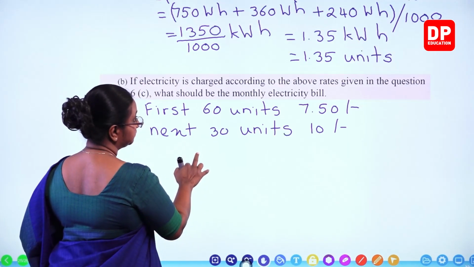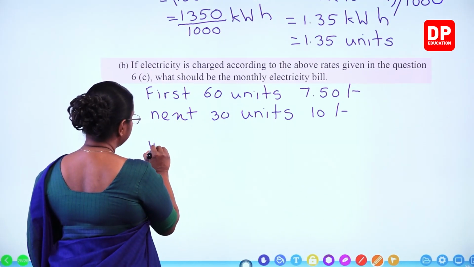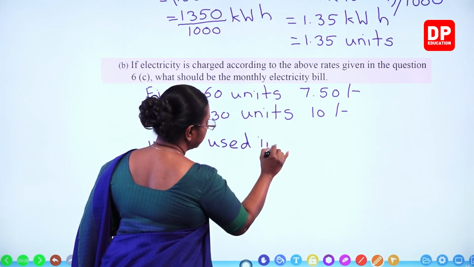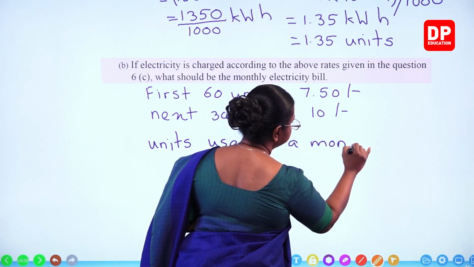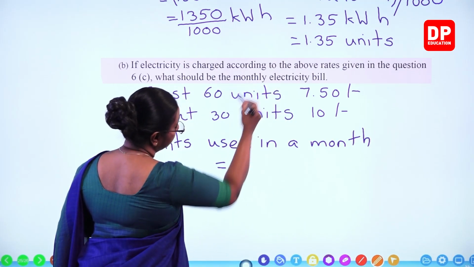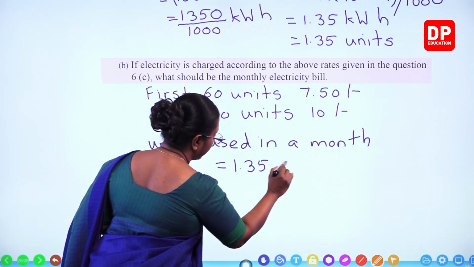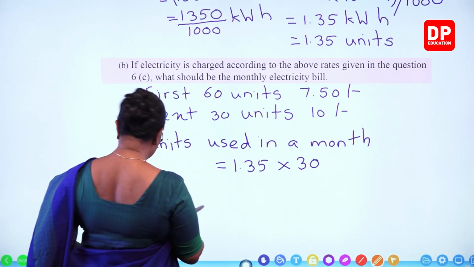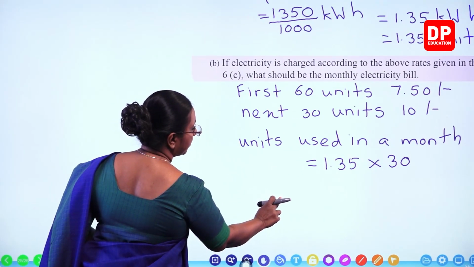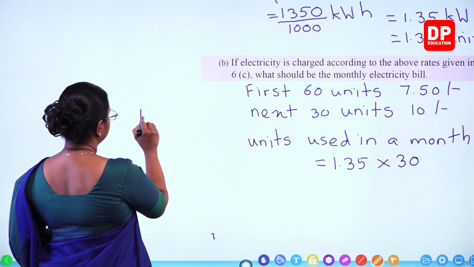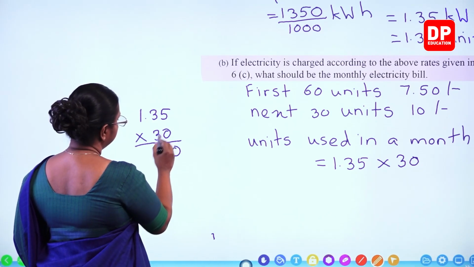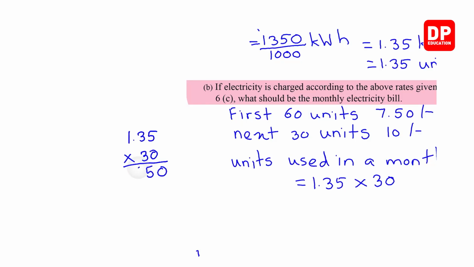So here, units used in a month, that is equal to 1 day is 1.35 into 30. So if you calculate that, 1.35 into 30, we have 15, 9, 10, 3, 4.